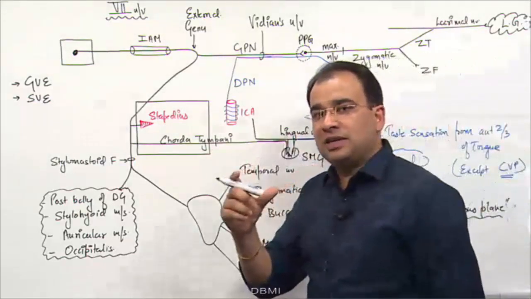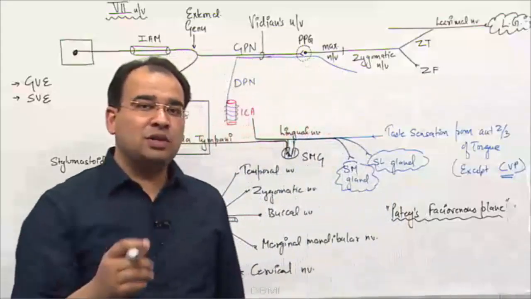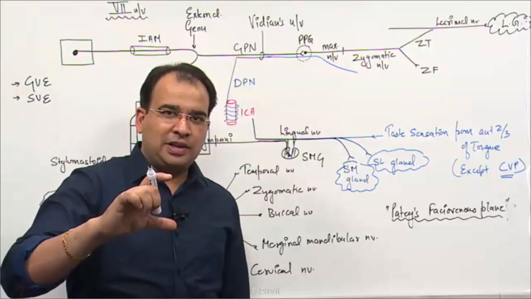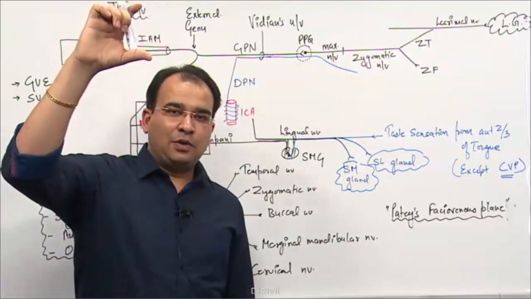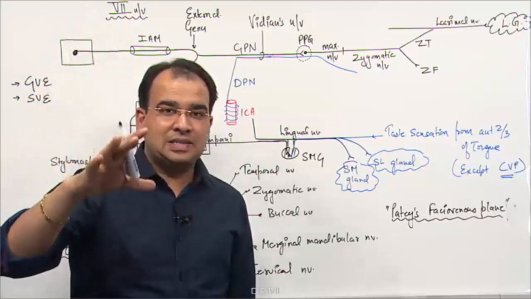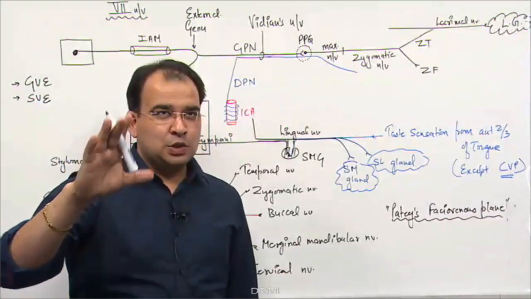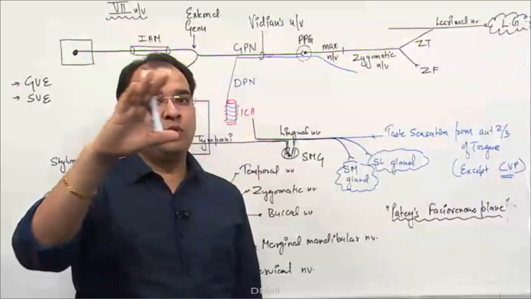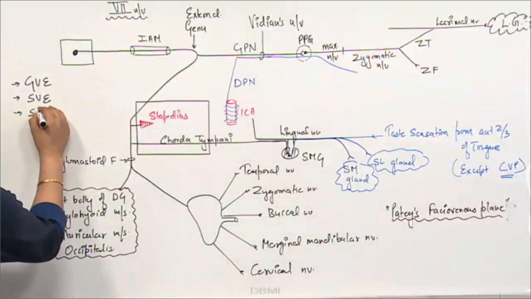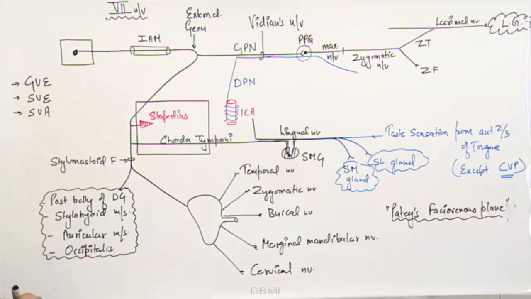What was the nucleus for the taste sensation? The nucleus for the taste sensation was nucleus of tractus solitarius, and nucleus of tractus solitarius was in which column? It was in GVA and SVA column, but we are talking about only taste, not the general sensation. So we are not considering GVA, we are considering only SVA, special visceral afferent.